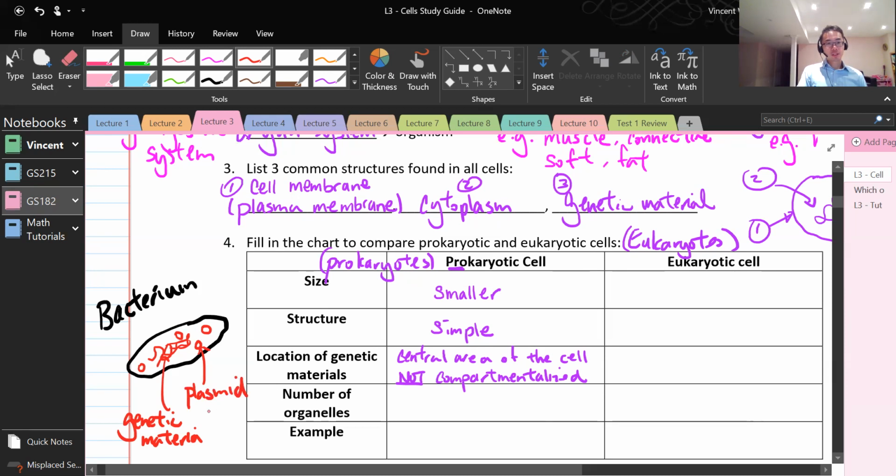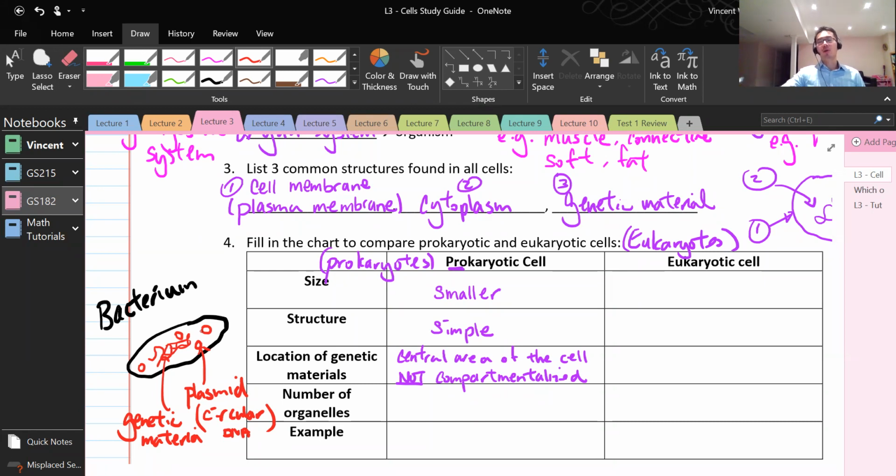If you don't know that, that's okay. We will have a whole lecture on that later in the course. These are special DNA that give the bacteria special abilities.